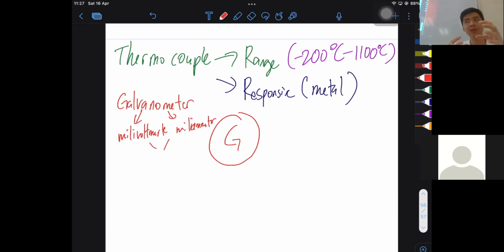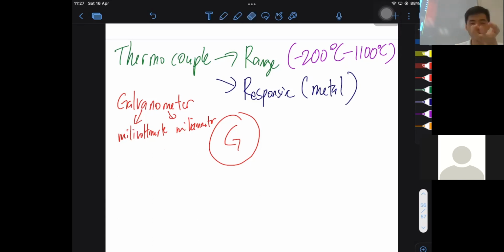This galvanometer can read either very small changes in voltage or very small changes in amperes, guys. So it's a very sensitive voltmeter and ammeter essentially, combined together to become one thing.